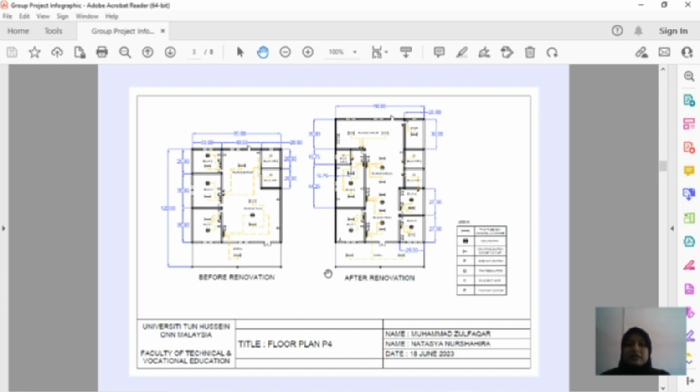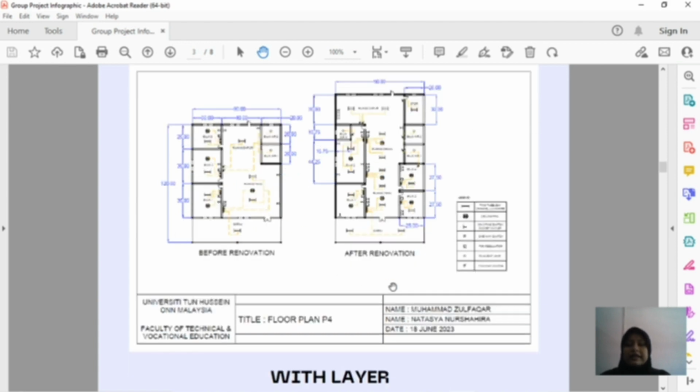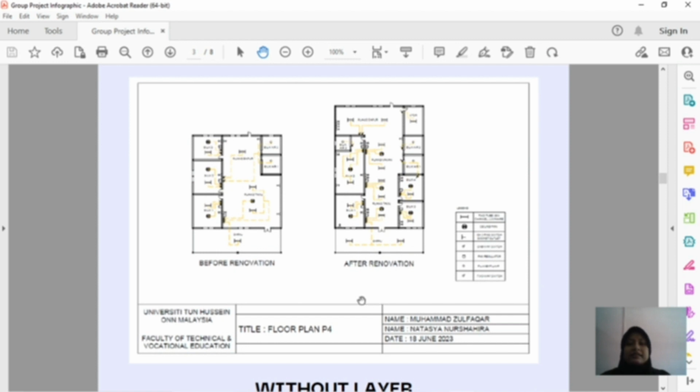This is the floor plan with a layer, which has the measurement of the area, and this is the floor plan without a layer, which has the electric components and the wiring with switches and electric components only.